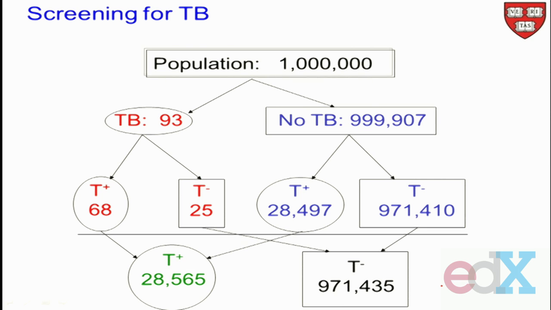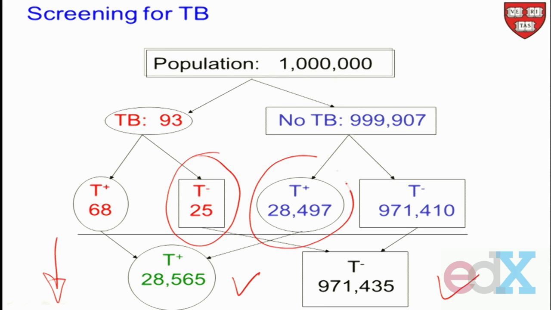So this is what we see. We just see below the line. We see how many tested positive and how many tested negative. And because it's an imperfect test, because we have some false negatives, and because we have some false positives, these numbers down here are a little problematic.